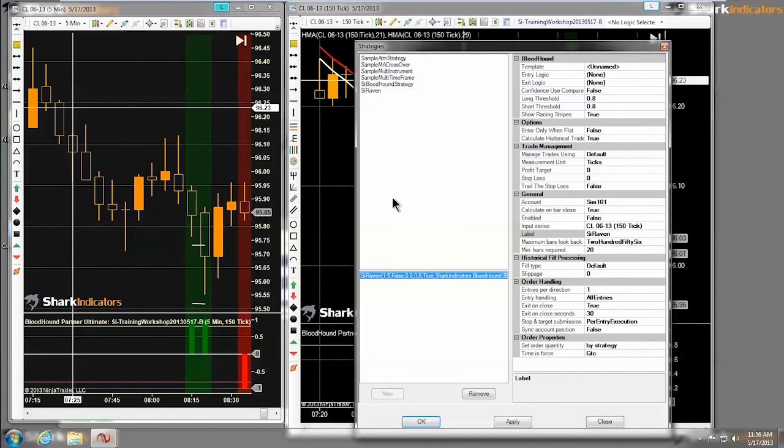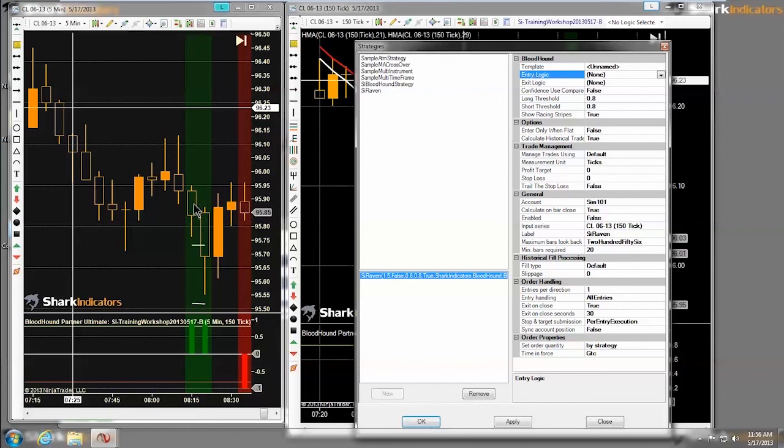Simply using the exit logic here will close your position, but it does not open a new position. So entry logics only open a new position.